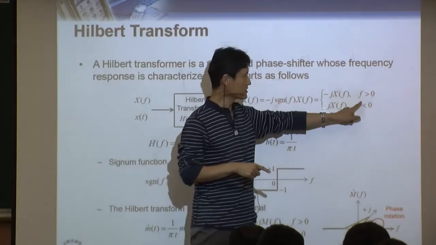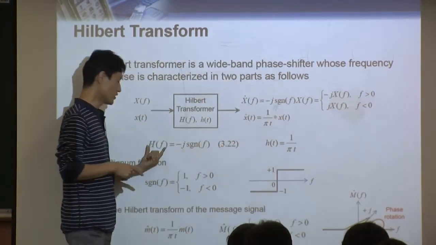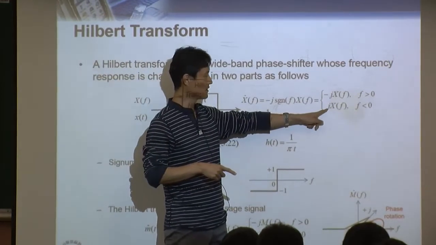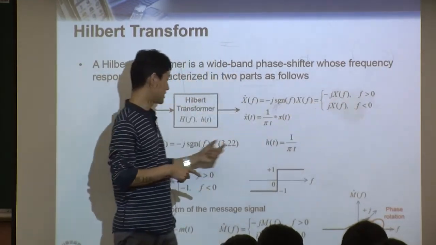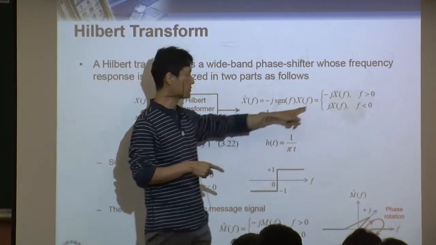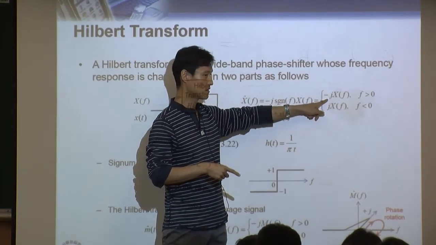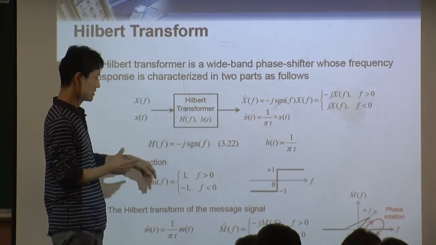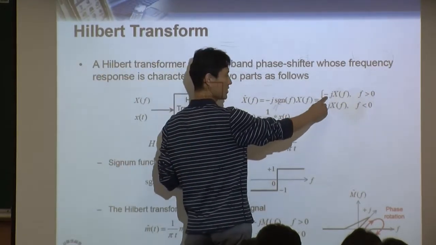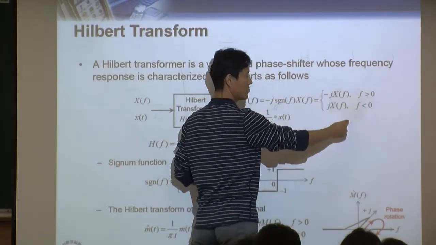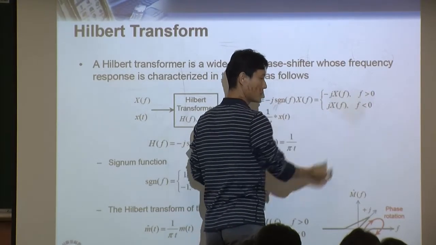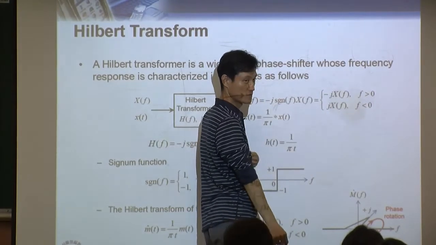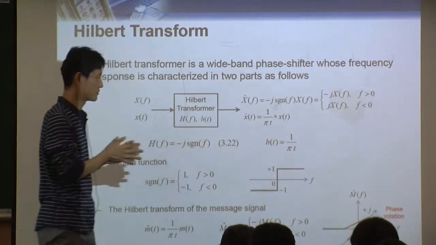So for negative frequency, this particular filter becomes j. For positive frequency, it becomes minus j. That's it for the Hilbert transform. That's all we have in the Hilbert transform: minus j in positive frequency, j in negative frequency.